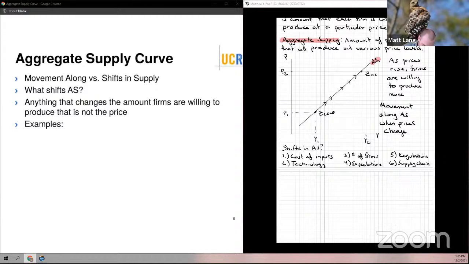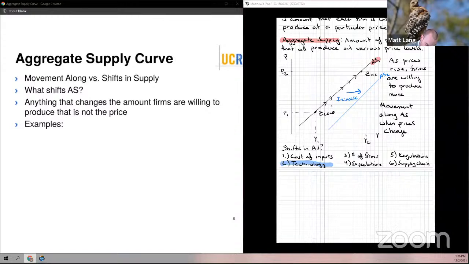But then if we have something like technology, and I'll put this in blue here, right? If we have technology improvements, well, all this is going to do is just shift AS1 to AS2, right? And this would be our increase in supply, all right?